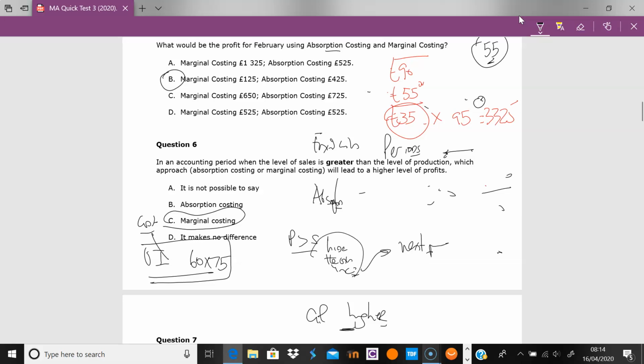So for this period at least, our costs are less and our profits are greater. But suddenly you get to the next period, those costs appear as opening inventory and there's nowhere to hide, so your profits are less. With marginal costing, because you've kept the costs the same all the way, you will now have higher profits by comparison. But overall, they will be exactly the same. Cool, great stuff. That's taken a while. Apologies. So the answer there is marginal costing.